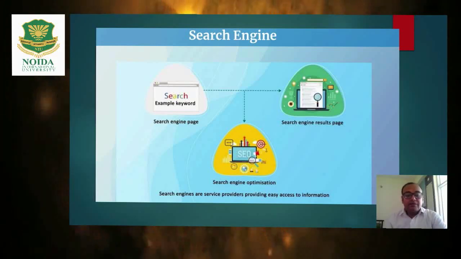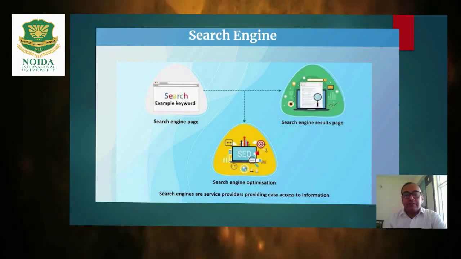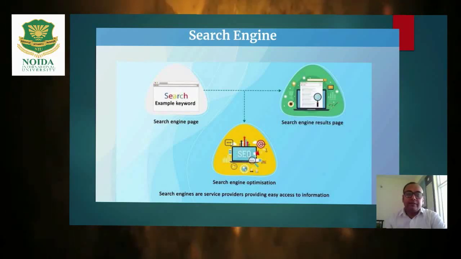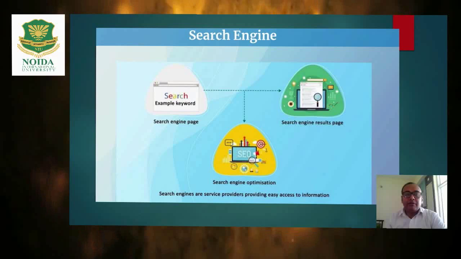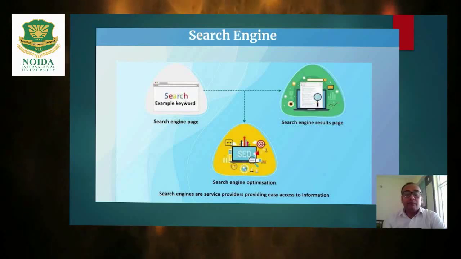Actually, search engines are the service providers for your easy access to information, because, as I have told you earlier, it is very difficult for you to go to any website to look for a specific thing. For digital marketing, there are thousands of websites to access, but you are not able to do that.